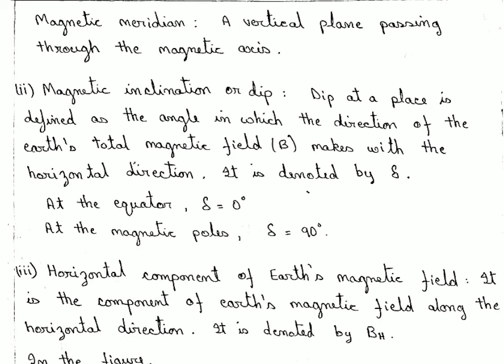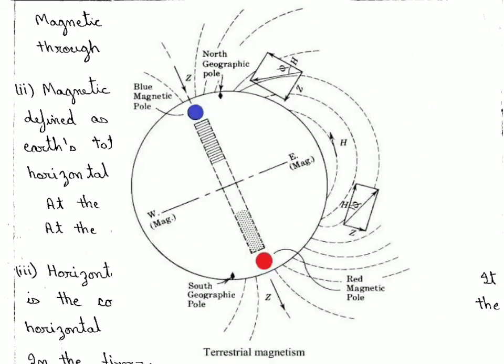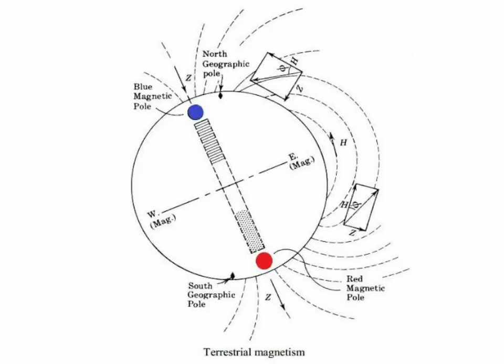Now if you look at the magnetic field of the Earth, let us consider a point at the north pole. At the north pole we see that the magnetic field is directed vertically, perpendicular to the horizontal plane. Hence we can say that the angle between the direction of the field and the horizontal plane at the north pole or the south pole is 90 degrees.